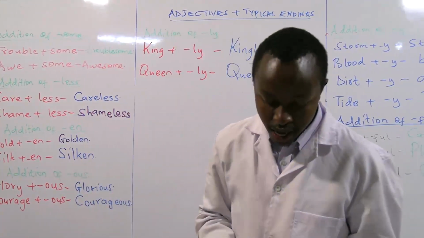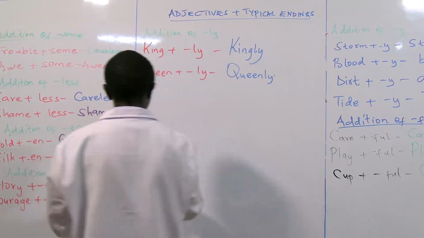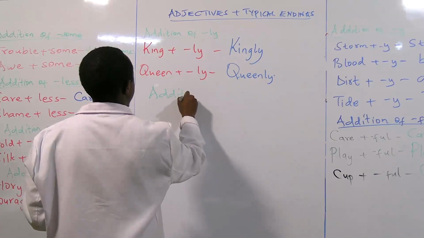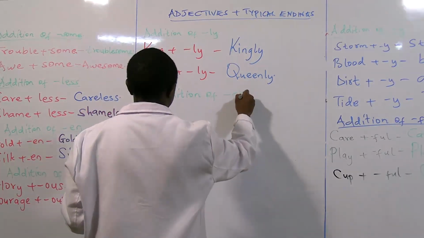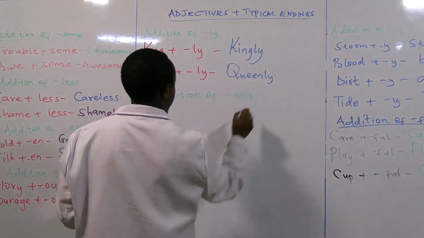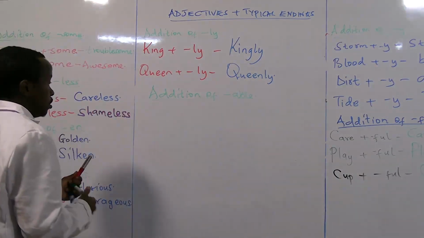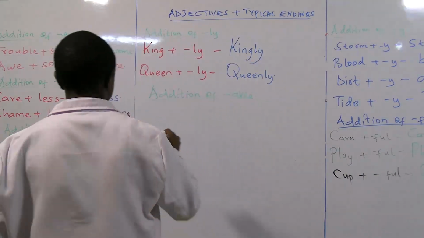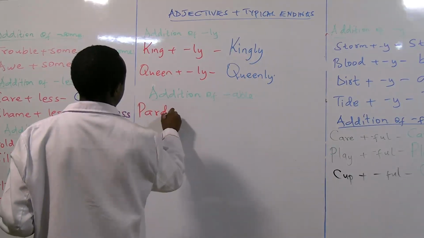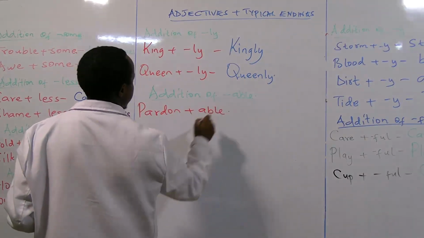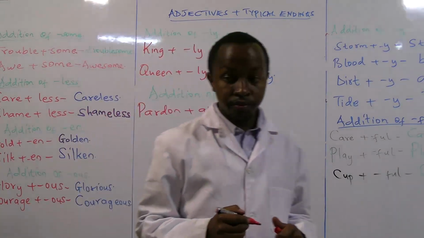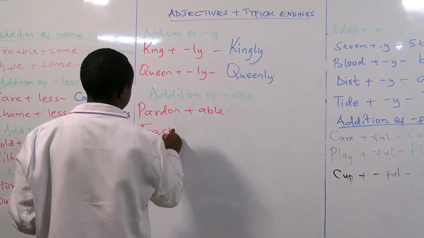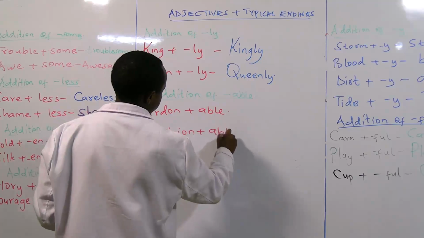Then we have addition of able. We have pardon plus able, then we have fashion plus able.